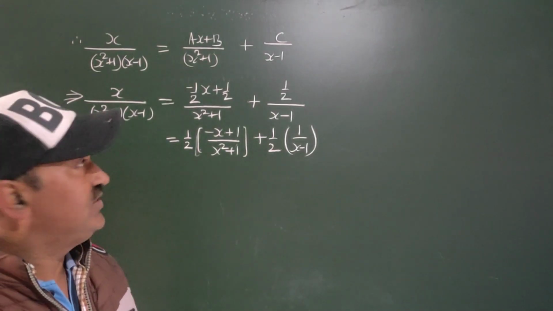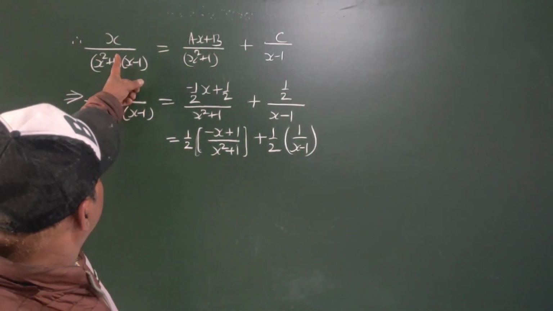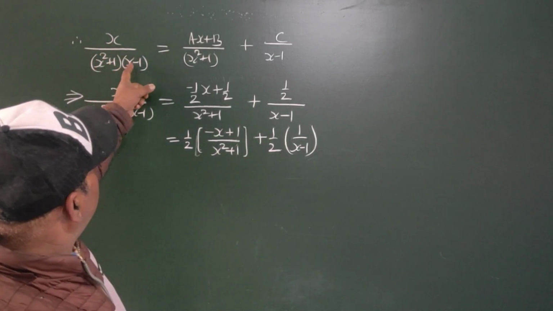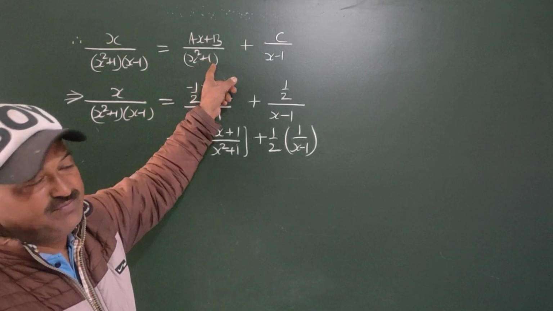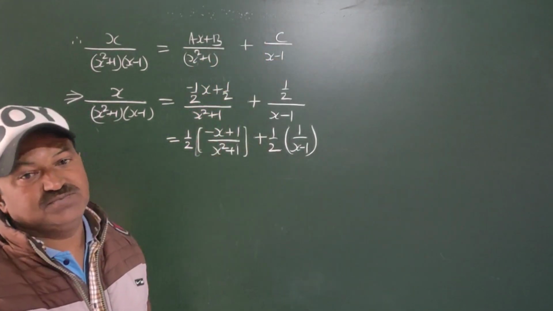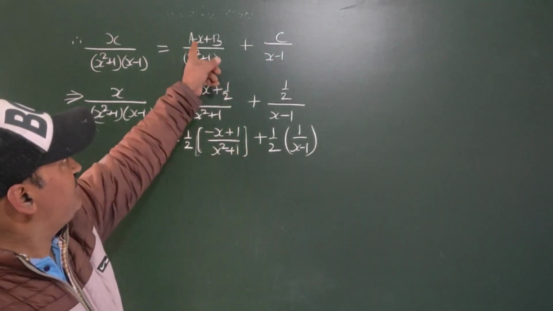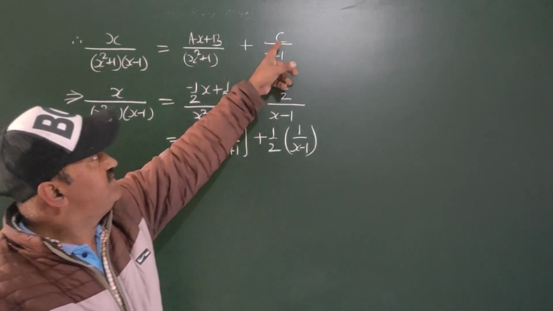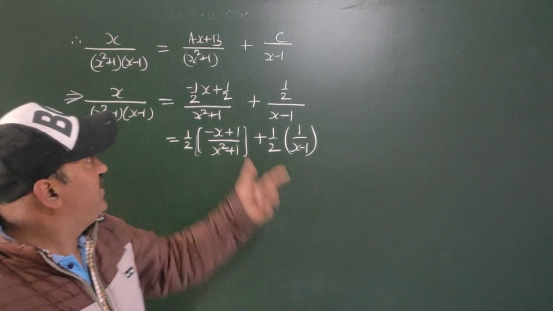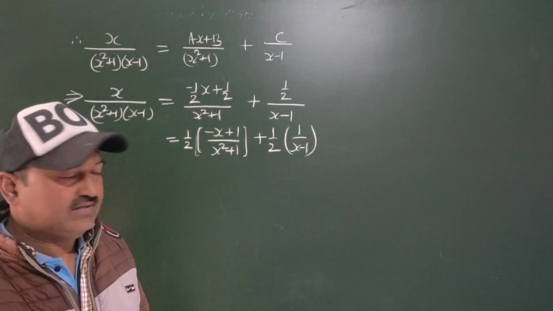Now the partial fraction of this question becomes x upon x square plus 1 into x minus 1 is equal to ax plus b upon x square plus 1 plus c upon x minus 1. After putting the value of a as minus 1 by 2, b as 1 by 2 and c also 1 by 2, we get these fractions.